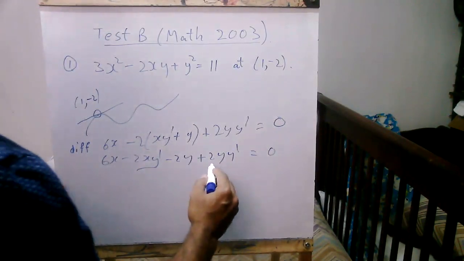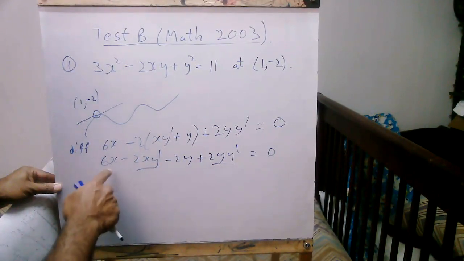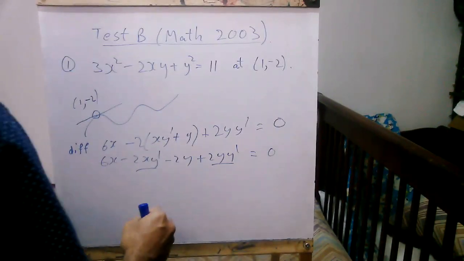From these two terms, take y prime out, and move the other two to the other side.